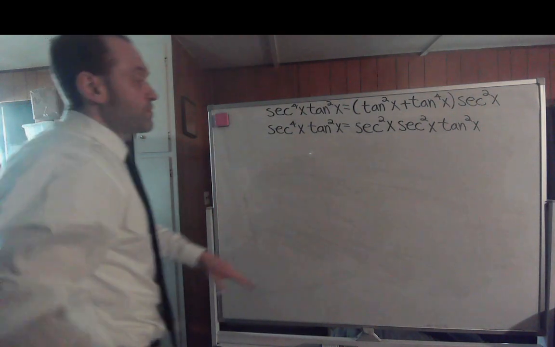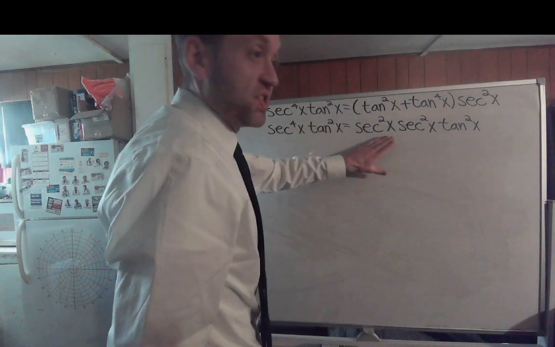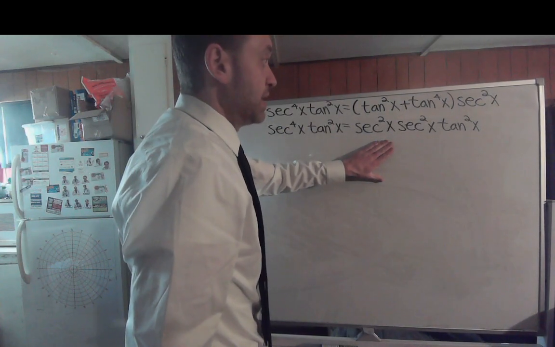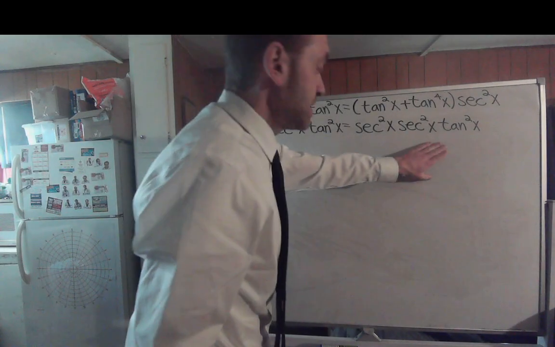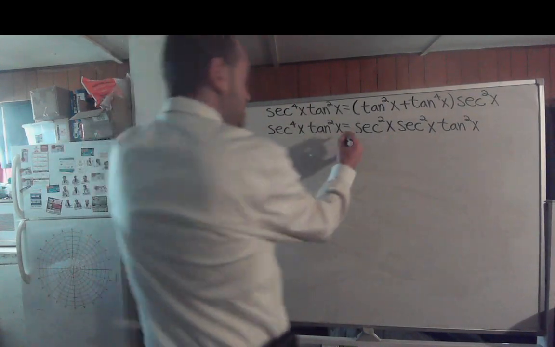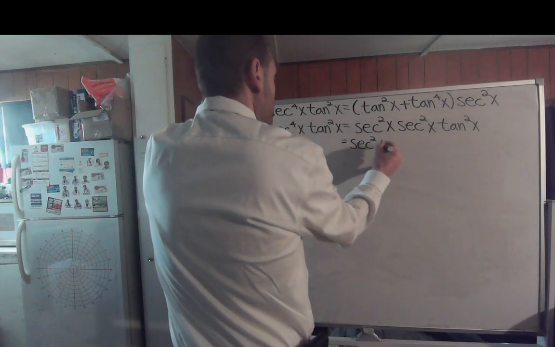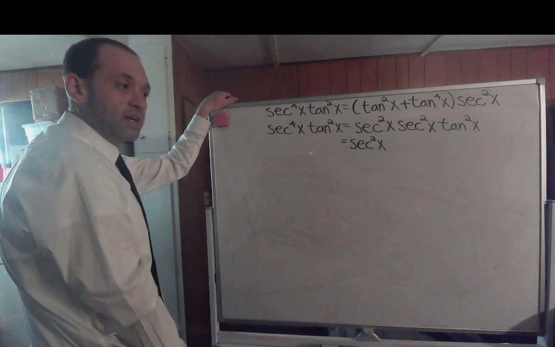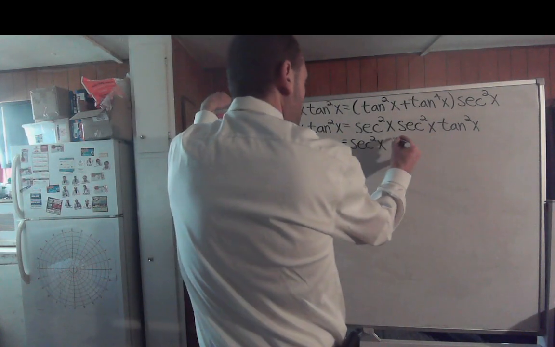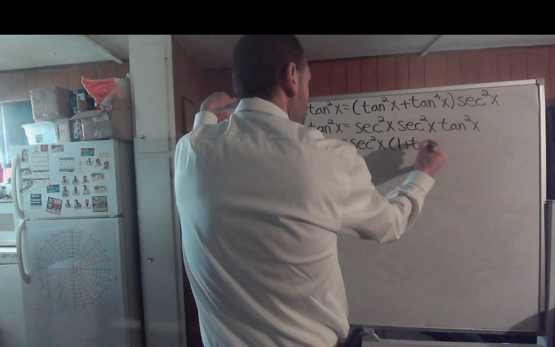Okay. Well, keep your first secant squared of x the way it is. But what about your second secant squared of x? Isn't it true that secant squared of x is the same as 1 plus tangent squared of x?